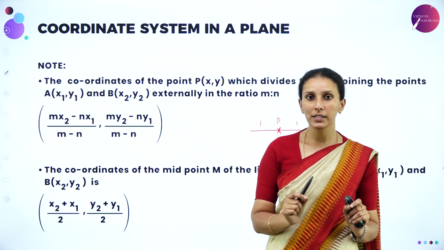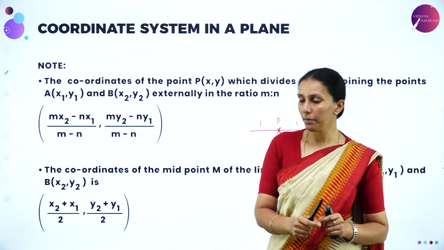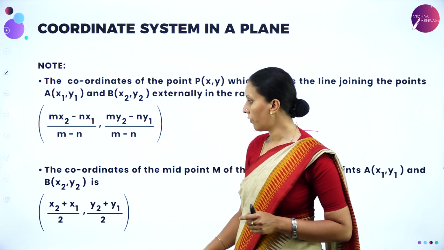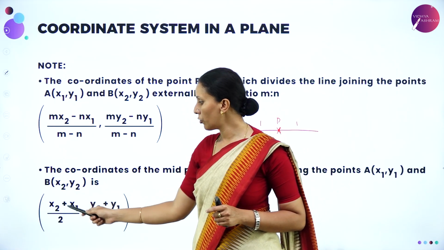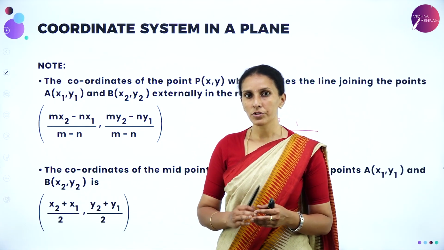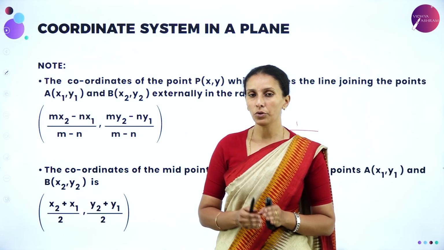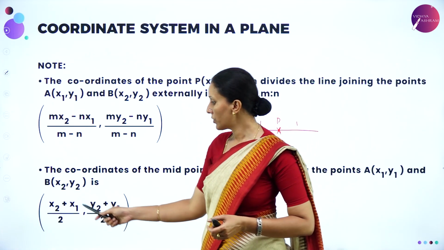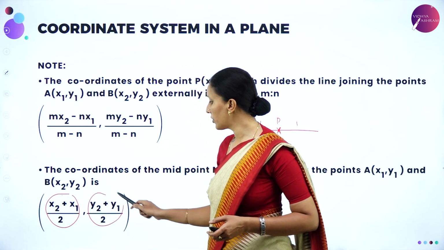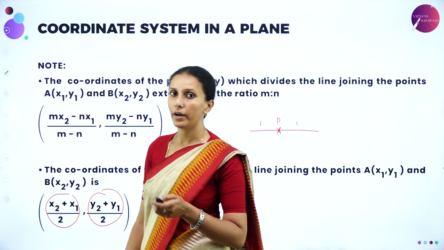When it is equidistant, obviously the ratio will be the same, and hence here m and n values become 1. So therefore the formula becomes (x2 plus x1) by 2, (y2 plus y1) by 2, or we can also write it as (x1 plus x2) by 2, (y1 plus y2) by 2. Here this gives you the x coordinate and this gives you the y coordinate of point P.